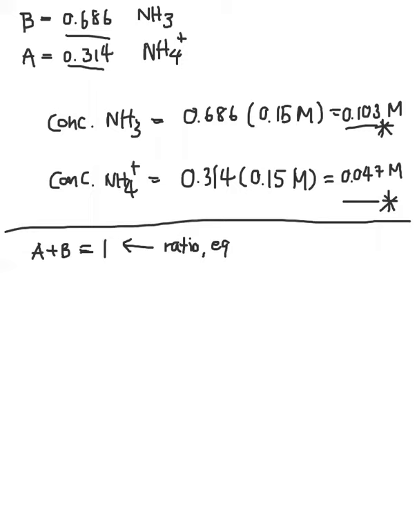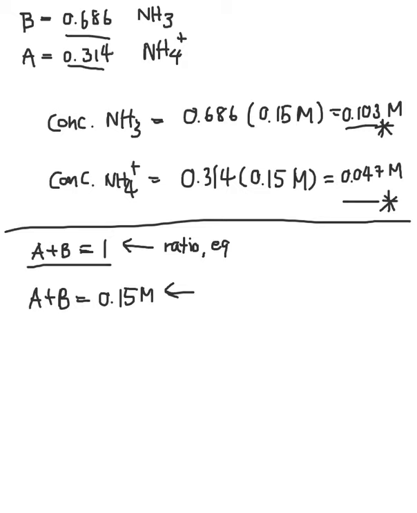However, if you want to calculate in molarity in the first place, when you solve for A and B, instead of using A plus B equal 1, which refers to the ratio or equivalence, you can use A plus B equal 0.15 molar, because you know that ammonium ion and ammonia will be equal to 0.15 molar anyway, because it's composed into the ammonia buffer.